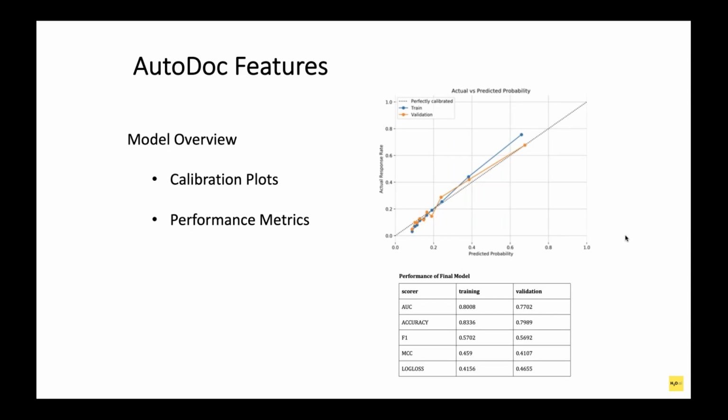These are really nice because depending on the use case you have, calibration can be quite important. It's a quick way to verify that your model may or may not need calibration. We also provide performance metrics tables. What you'll see is all the performance metrics that are available for the problem type, so regression or classification.